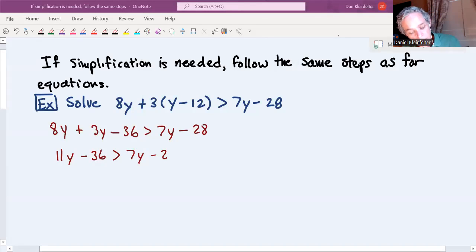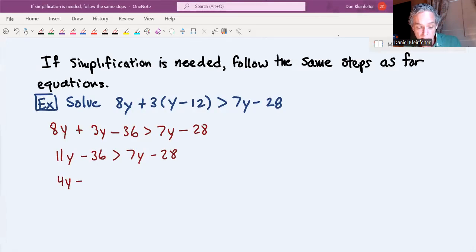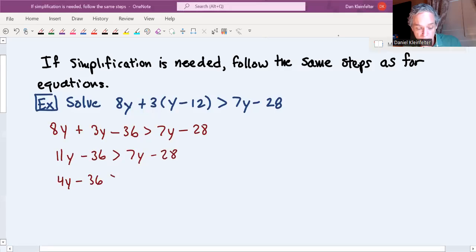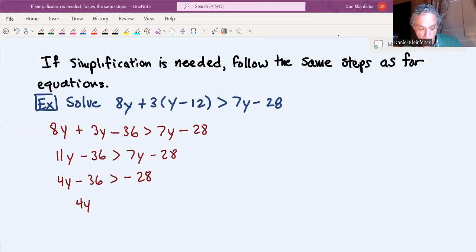All right, so then that's what we've got up to this point. We're going to subtract 7y from both sides. This will give us 4y minus 36 is greater than negative 28. Let's add 36 to both sides. We'll have 4y is greater than 36 minus 28. So 4y is greater than 8.